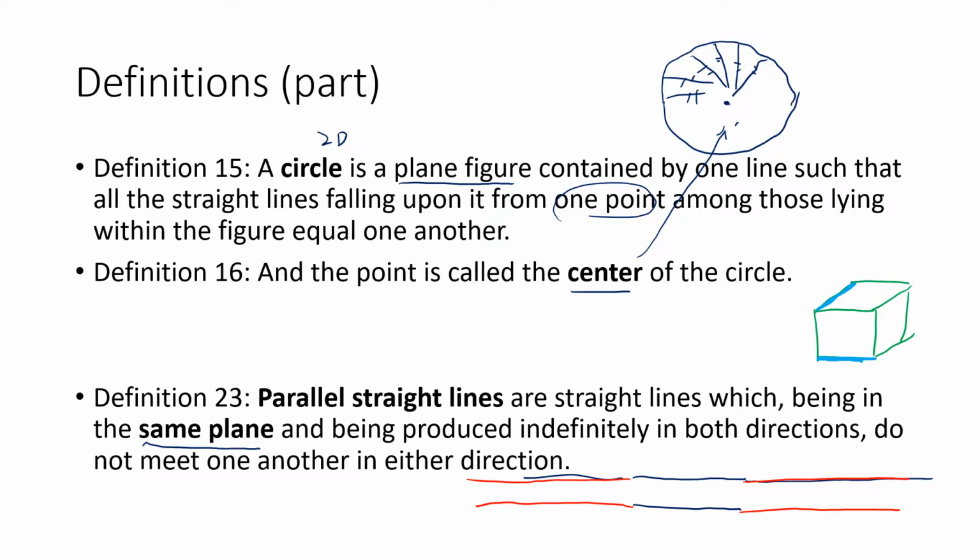You can extend them, but because they are not in the same plane, they will not meet each other as well. But do we call them parallel straight lines? No, we don't. We need them in the same plane. A lot of this geometry needs the same plane. In the 3D world, it's a totally different beast.